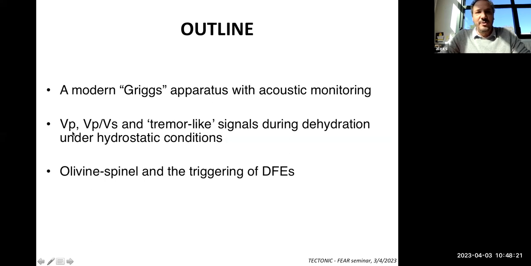Then I will show you how, using this, we can measure VP, get a proxy for VP/VS, and record tremor-like signals during dehydration under hydrostatic conditions. And then I will go on to some work we've just done on the olivine-spinel transition and the triggering of deep focus earthquakes. So, first the machine.